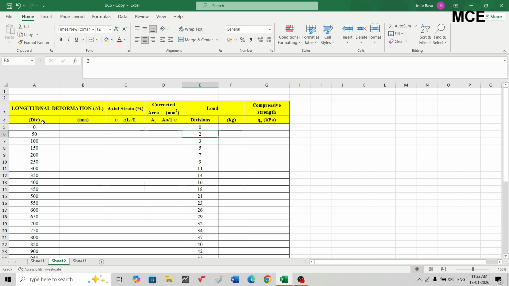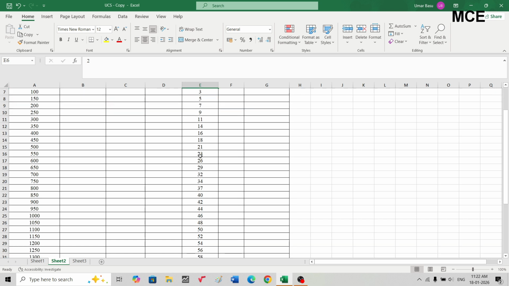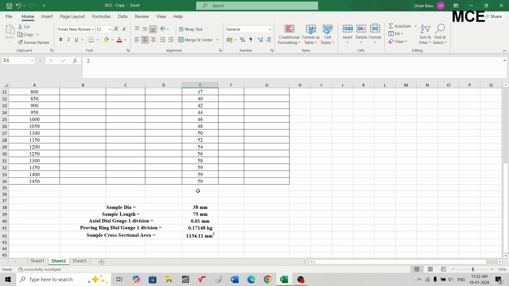These are the divisions. We have to convert the axial dial gauge reading into mm using the calibration factor which is provided for each machine, and similarly convert the proving ring divisions into kgs using the proving ring calibration factor. For my machine, one axial dial gauge division is equal to 0.01 mm and one proving ring dial gauge division is equal to 0.17148 kg.